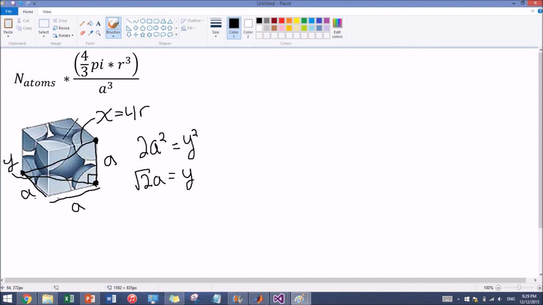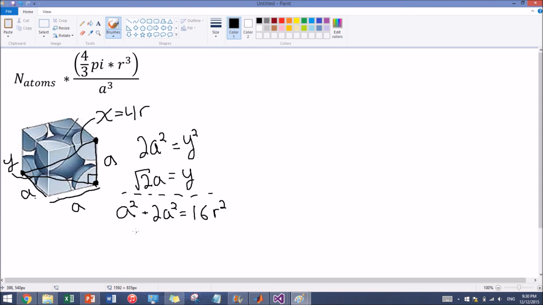So now we have a relationship between a and this hypotenuse length y, and now we can use the Pythagorean theorem again to solve for the relationship between a and r. Remember, I'm doing this bigger triangle now, so let's draw a dotted line to separate. We have a squared plus y squared, which is 2a squared, equals (4r) squared, which is just 16r squared.